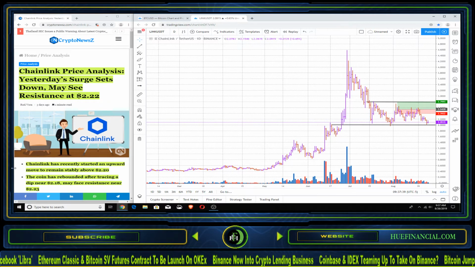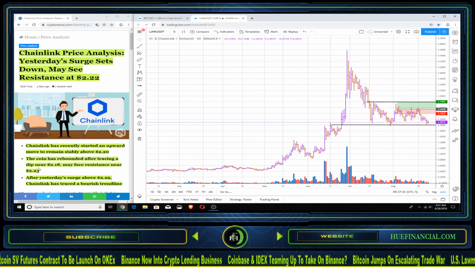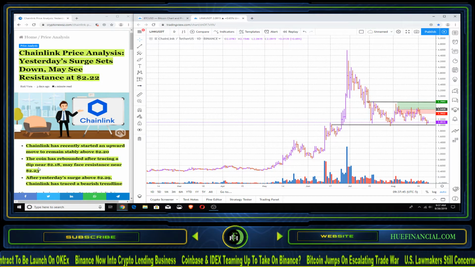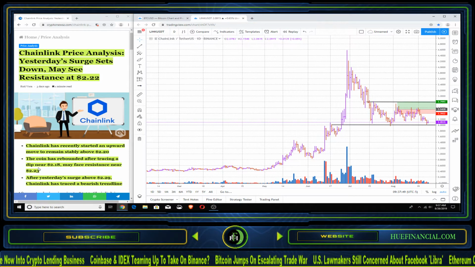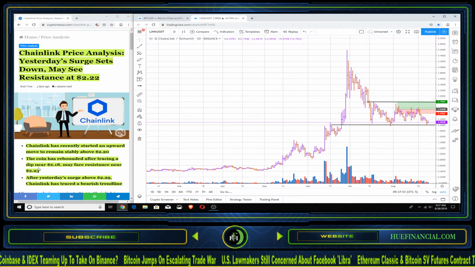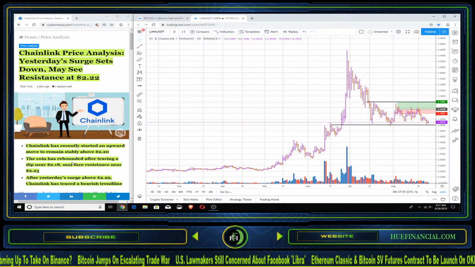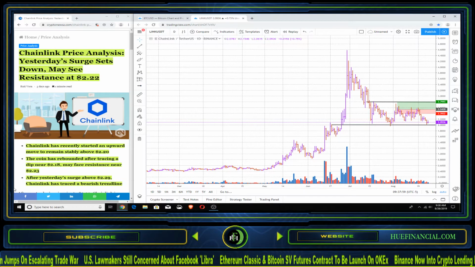Now it started off in this article about Chainlink has started an upward trend to remain above $2.20. The coin has rebounded after tracing a dip near 2018, may face resistance near $2.23. You all can tell that has literally played out that way.